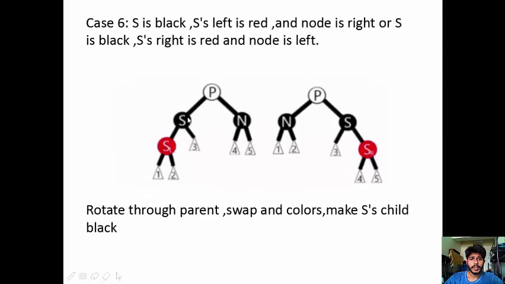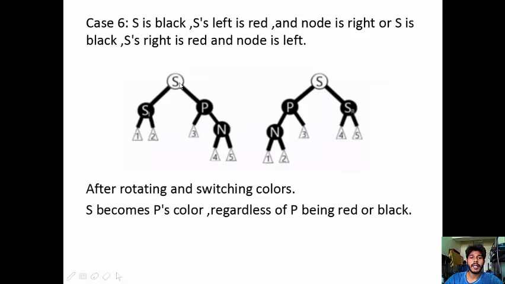And the sibling, we have rotated from P, and now the sibling has come to the top root node. The parent has gone to the right side of that sibling, whose right child has become the node that is to be deleted in this case.